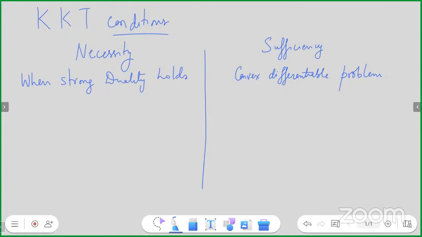Last time, let's take the example. There are 2 examples. A very simple example, summation.